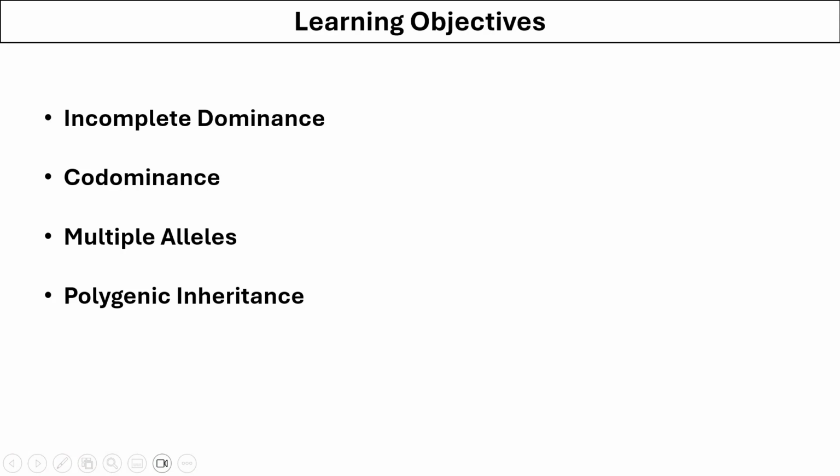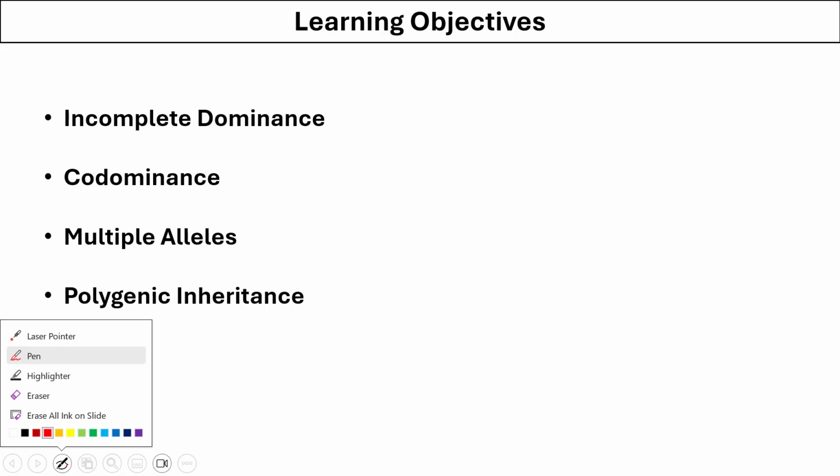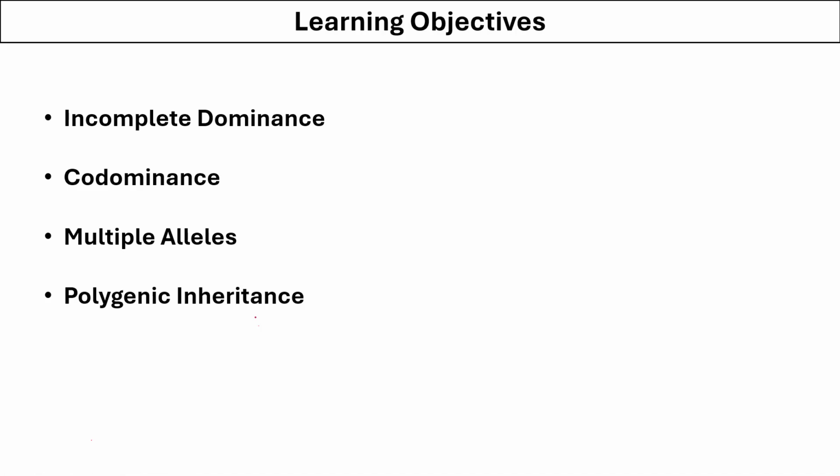We will study incomplete dominance, because remember when we studied Mendelian inheritance, we had established that one character is completely dominant over the other, and how you would decide the phenotypic ratios or the phenotypes based on the information that you had about the dominance of one character over the other.